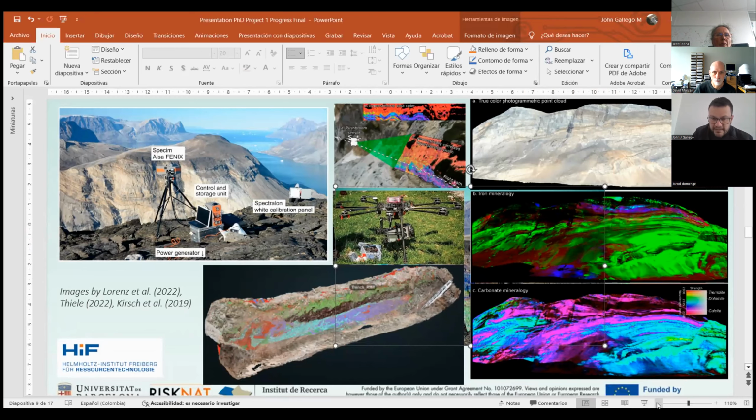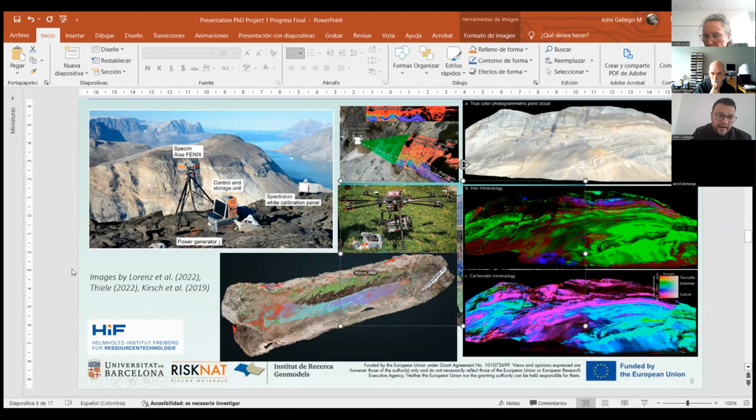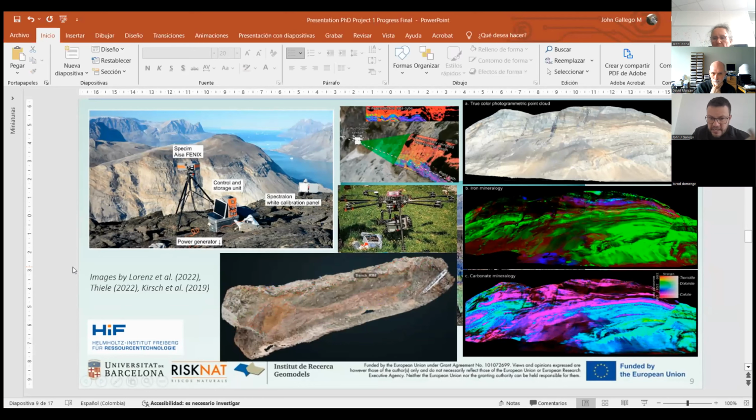So we want to take advantage of that, for instance, in paleoseismic trenches, as in the study of Maurice Kirsch, where we can have hyperspectral imagery in photogrammetric tools.